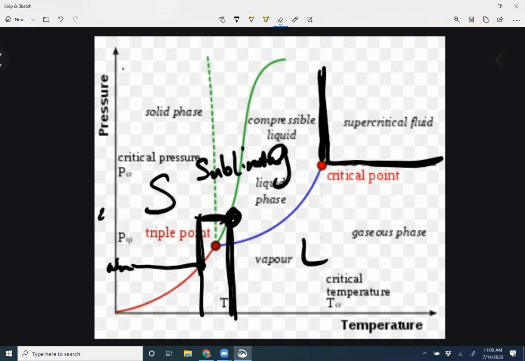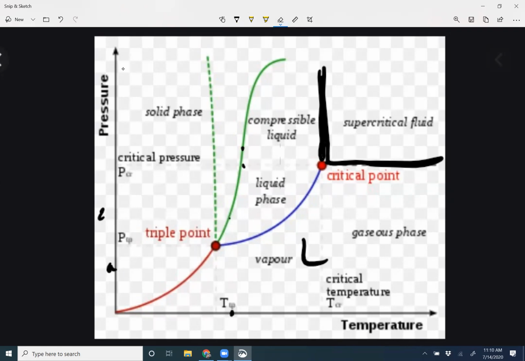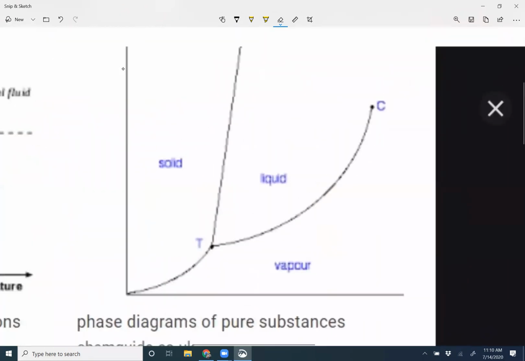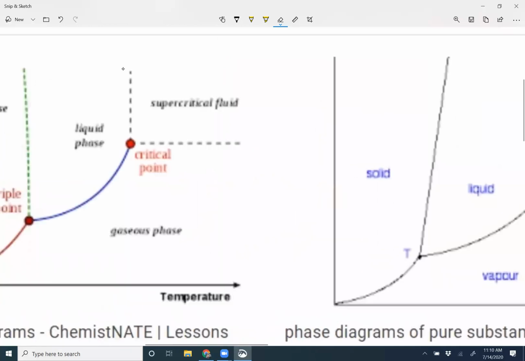Basically, all I want you to know about phase diagrams is that they show how something transitions between its different phases. And this is a good example of the phase diagram for water.